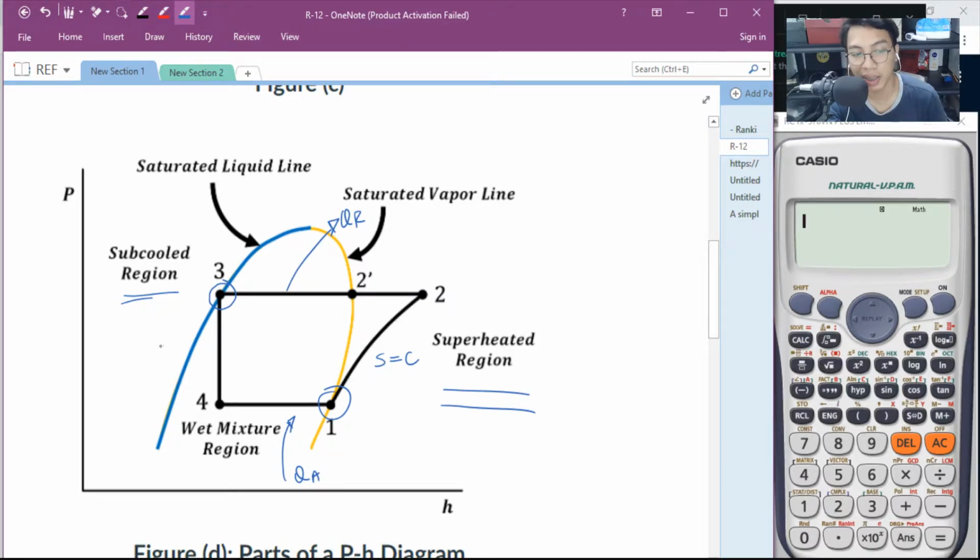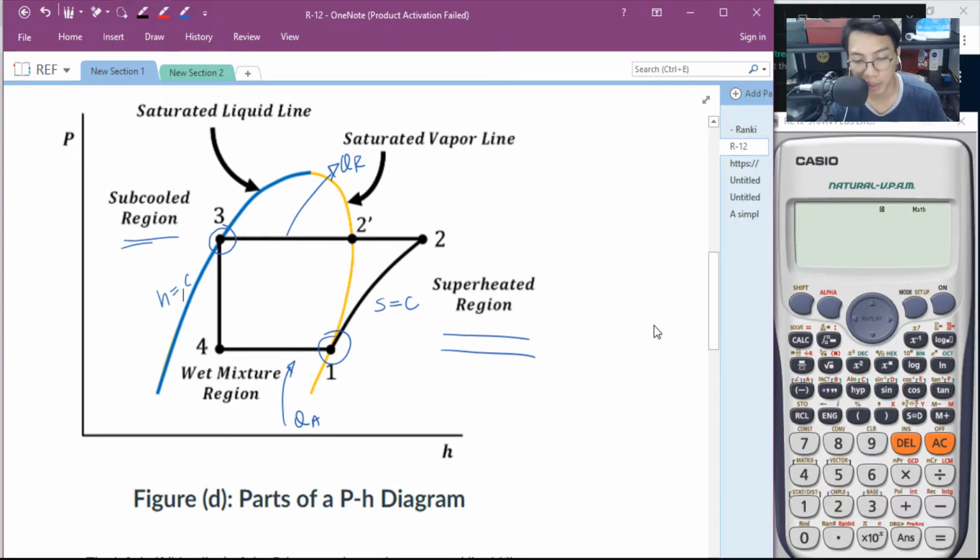And after getting back to throttling process at your expansion valve here, solid line. Ibig sabihin, it will become a wet mixture. It will fall down to the wet mixture region before getting back as a saturated vapor going under the process of evaporator. Okay? Now, that is the part of your pH diagram.